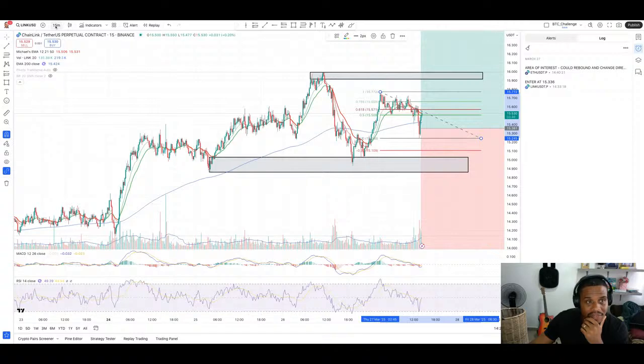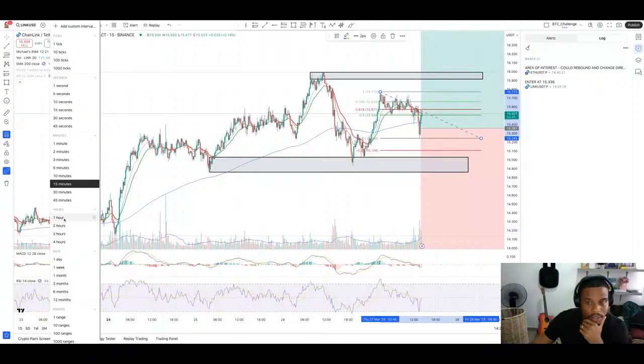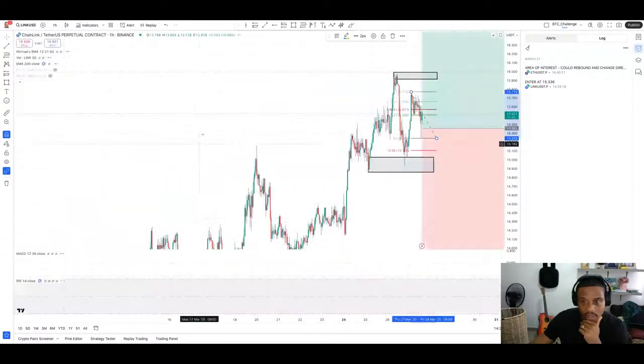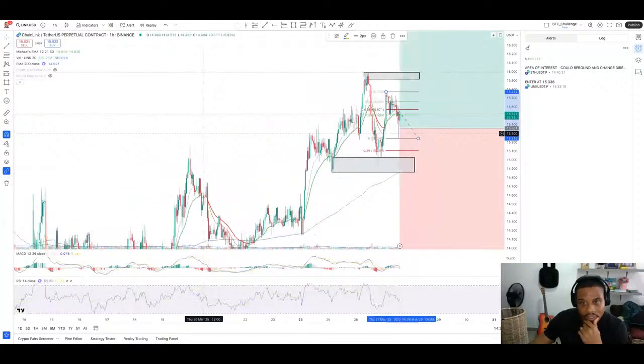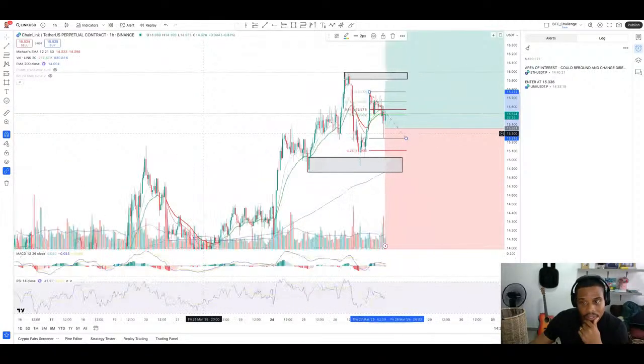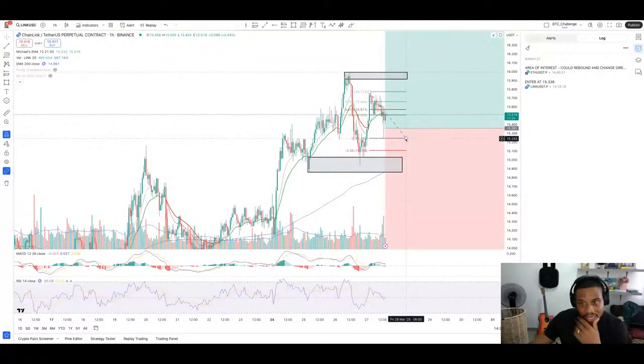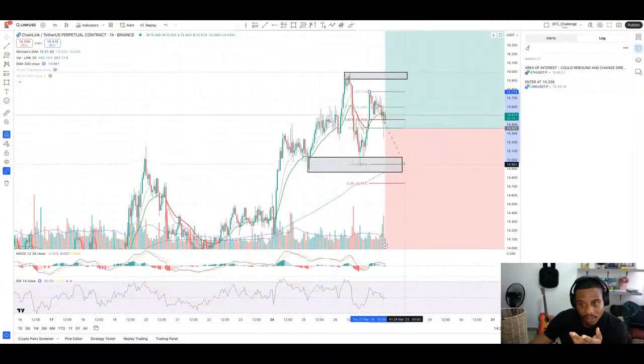No, next after 15, let's check 1 hour. Because after 15, four candles, 1 hour. Yeah, it was just a sweep. So the best candle to use is actually this one down here.